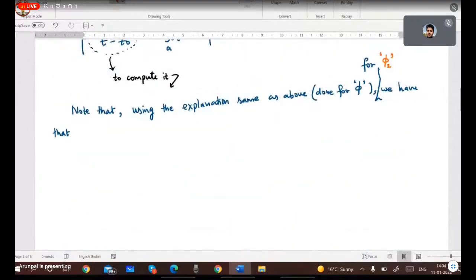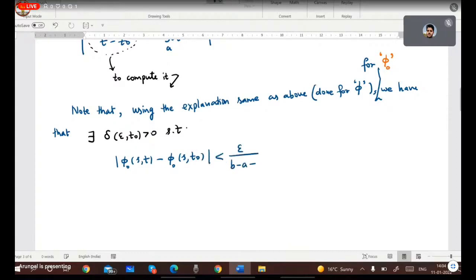So, sorry, it's not phi 2, it's phi naught. We have that there exists a delta which depends upon epsilon and upon t naught, such that, class, modulus of phi naught at s comma t minus phi naught at s comma t naught is less than epsilon upon b minus a plus 1, whenever, or you can write for all t, which satisfy this condition.